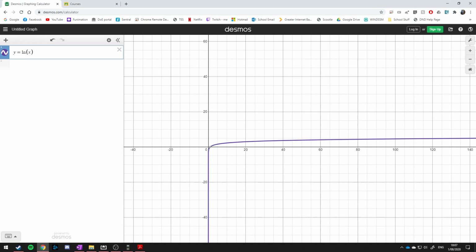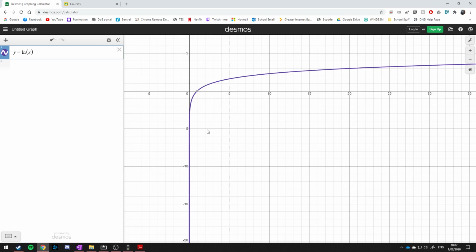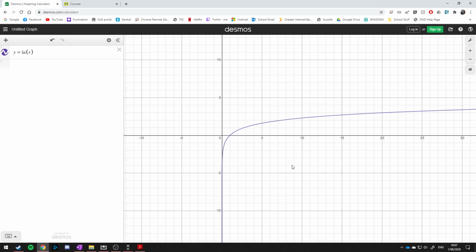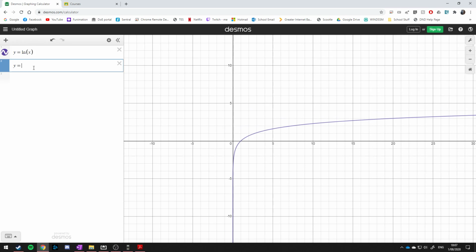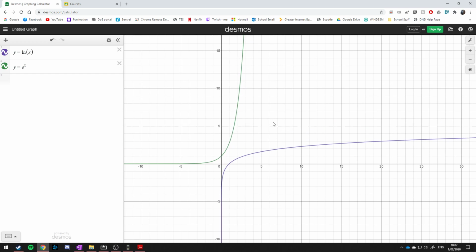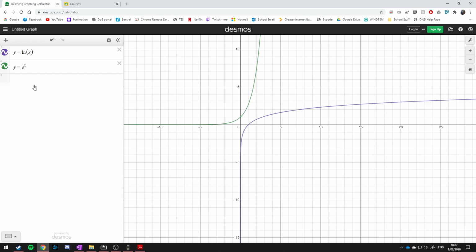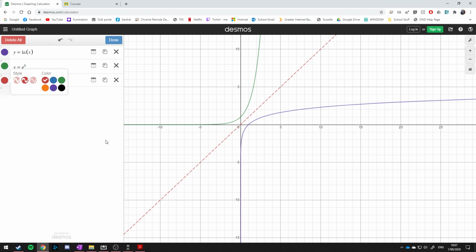The calculators prefer ln. If I compare this to y is equal to e to the x, you'll notice we have a reflection in y is equal to x, which I did try to say in the other video, but that's not quite right. But it is in this one. If I add in y is equal to x, change the color and make it a dotted line, you'll see that it makes that reflection in y is equal to x.